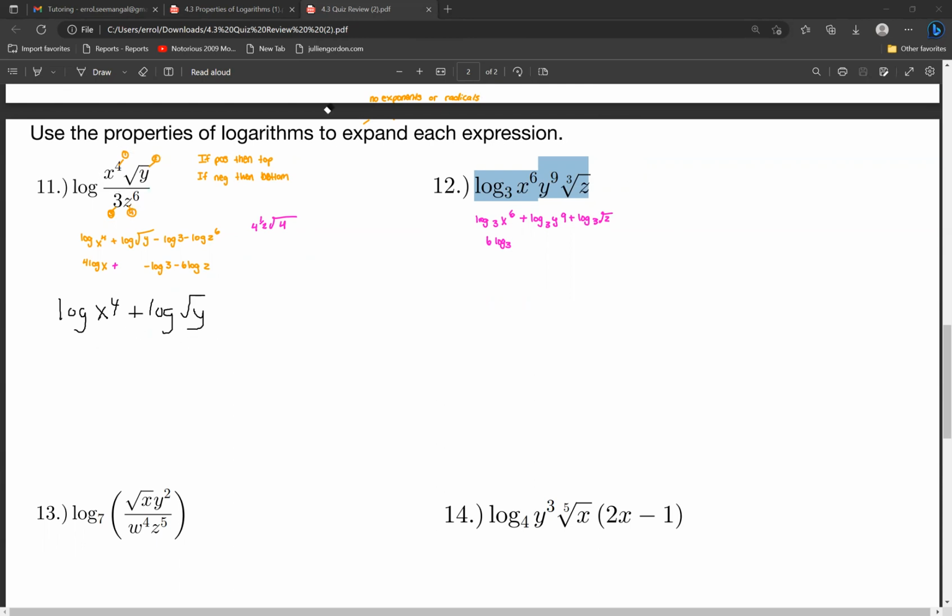Here we just subtract what's on the bottom, the denominator. Log, yeah, exactly. I forgot to write the 3 in the front. So log minus 3 log z^6.